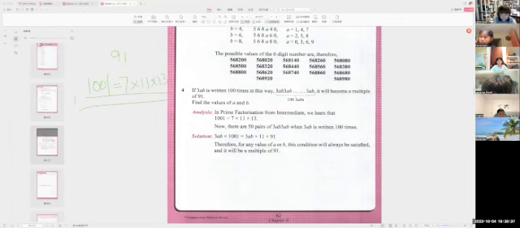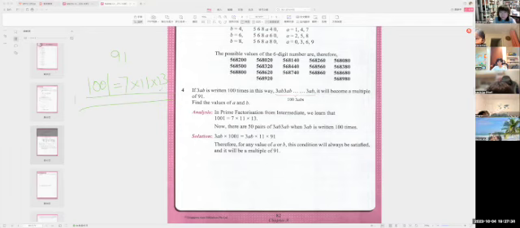Okay, please write it down. Memorize this.